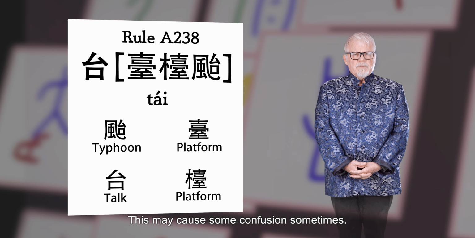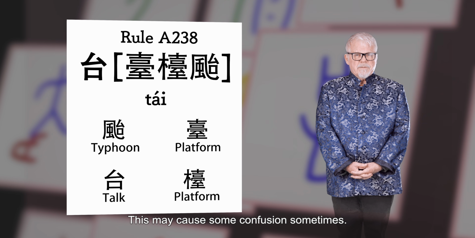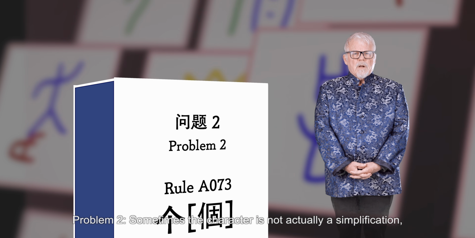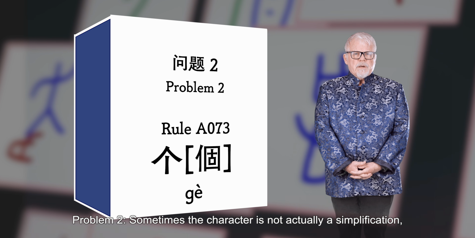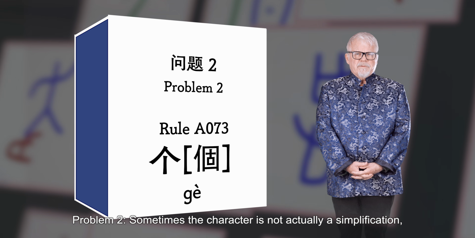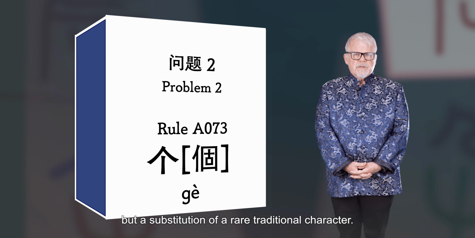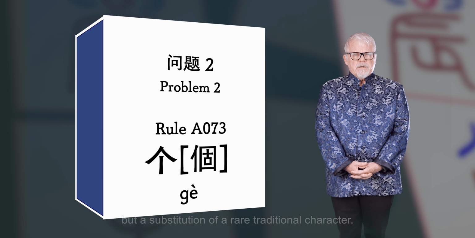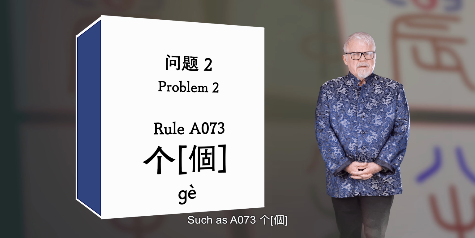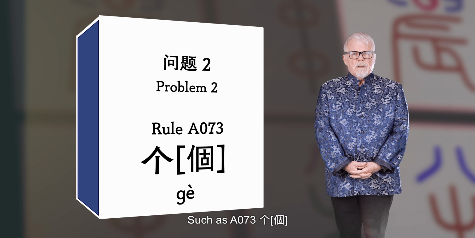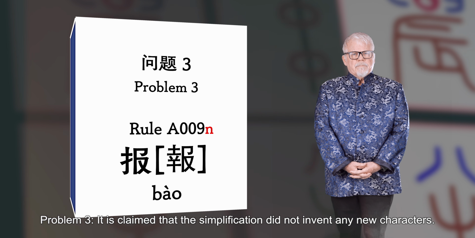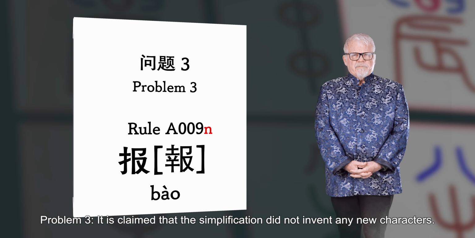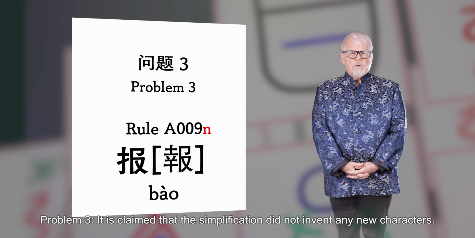This may cause some confusion sometimes. Problem 2. Sometimes the character is not actually a simplification, but a substitution of a rare traditional character, such as A73, G.